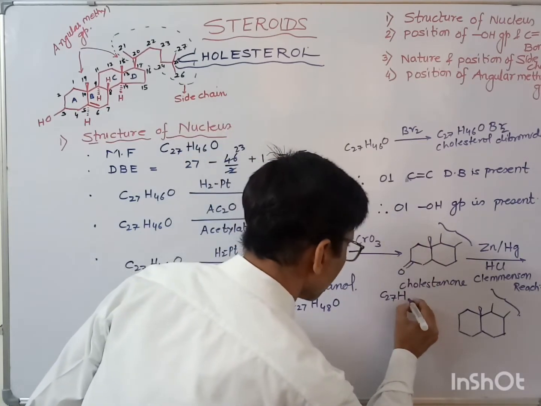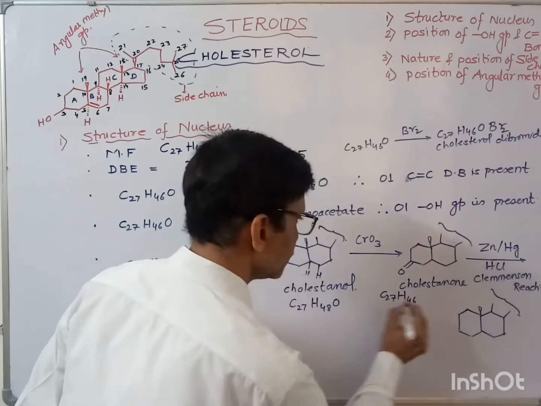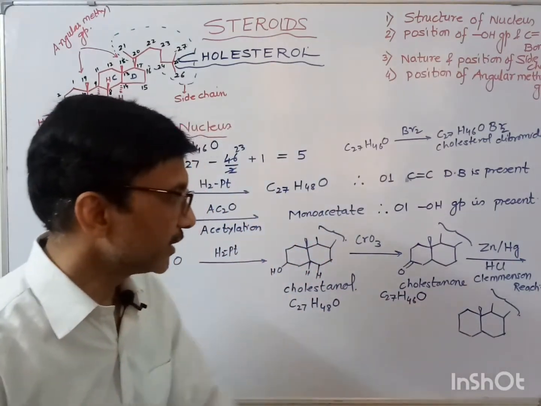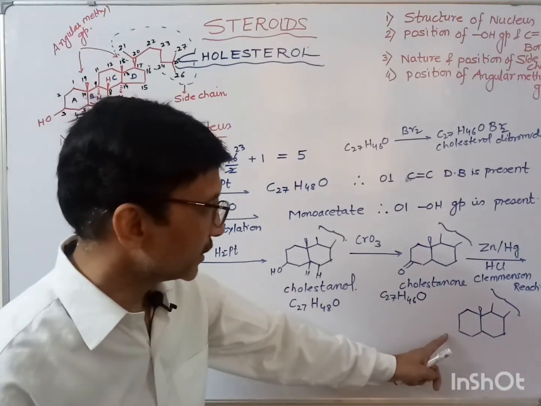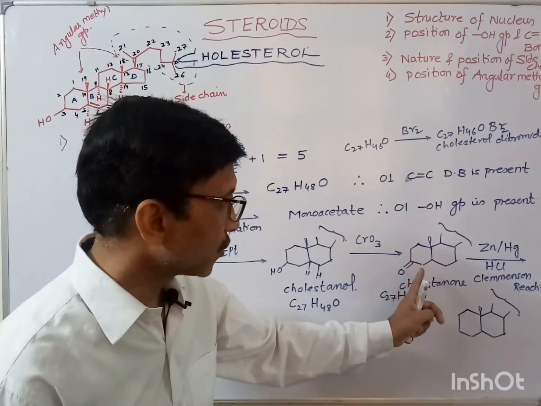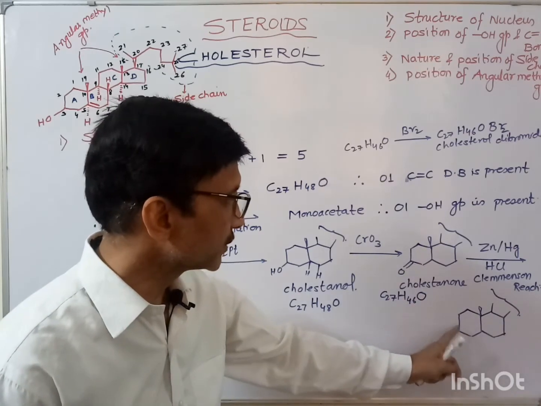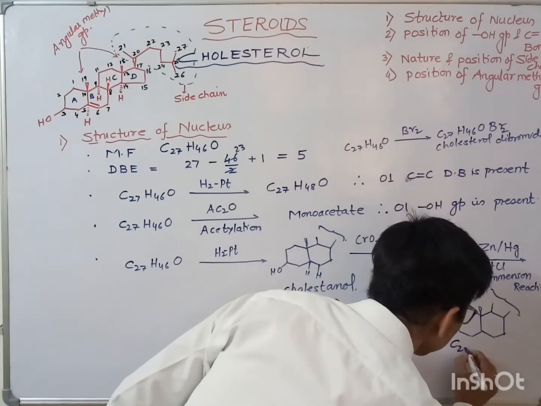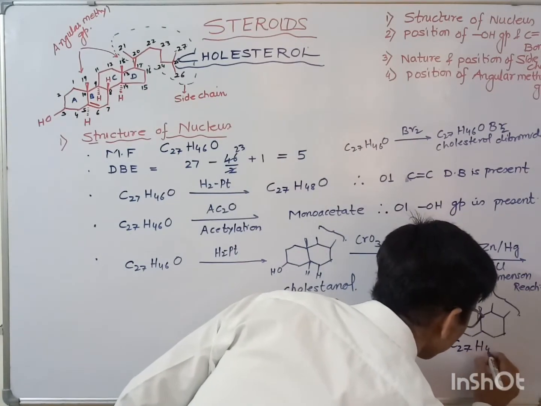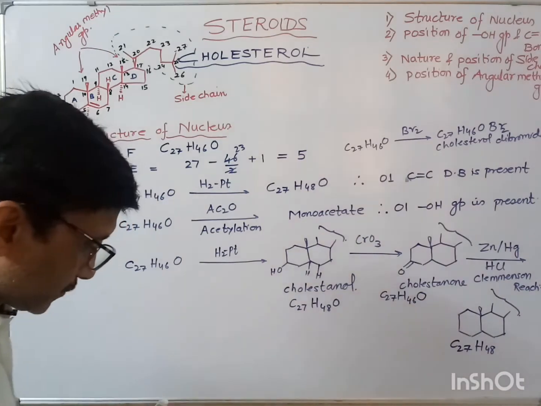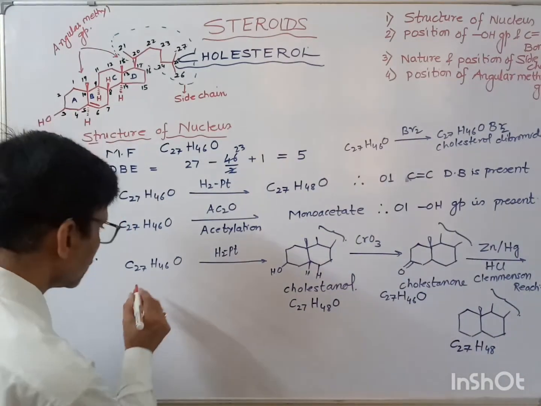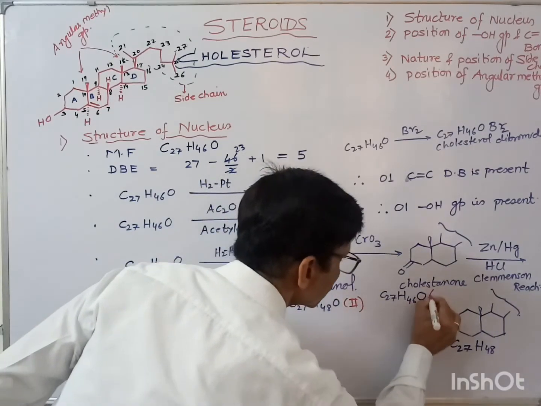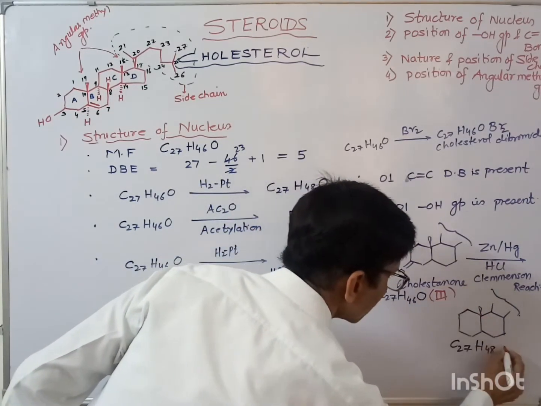So two hydrogens are decreased, giving C27H46. After the reduction, this oxygen is removed and two hydrogen atoms are added over here. So this becomes C27H48. Okay, now suppose this is 1, this is 2, this is 3, and this is our fourth one.